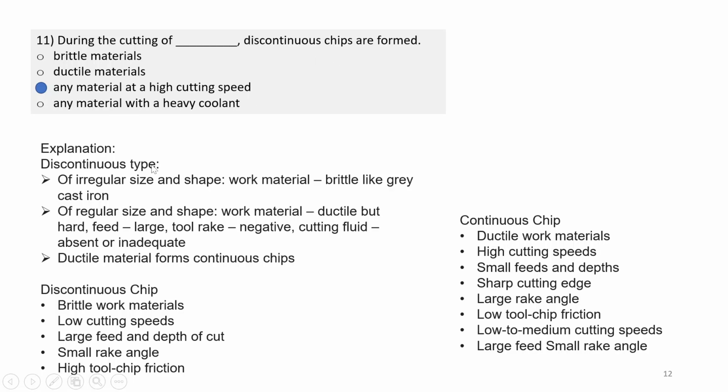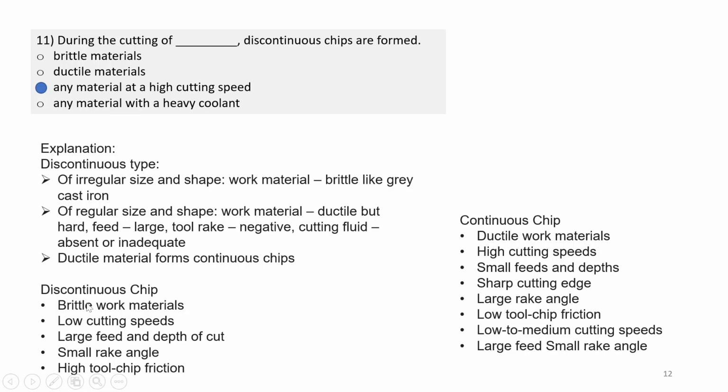In case of discontinuous type, if it is of irregular size and shape, the work material will be brittle like grey cast iron, and if it is of regular size and shape, then the work material is ductile but hard, then feed will be large, tool rake will be negative, cutting fluid is absent or inadequate, and ductile materials form continuous type of chips. In case of discontinuous chips, these are the favorable factors.